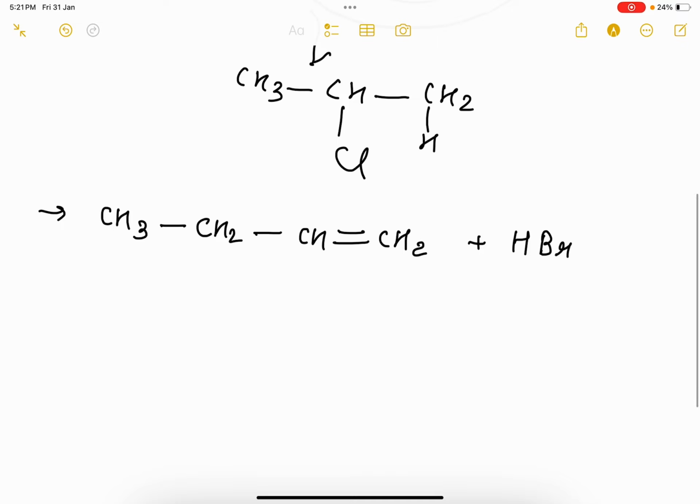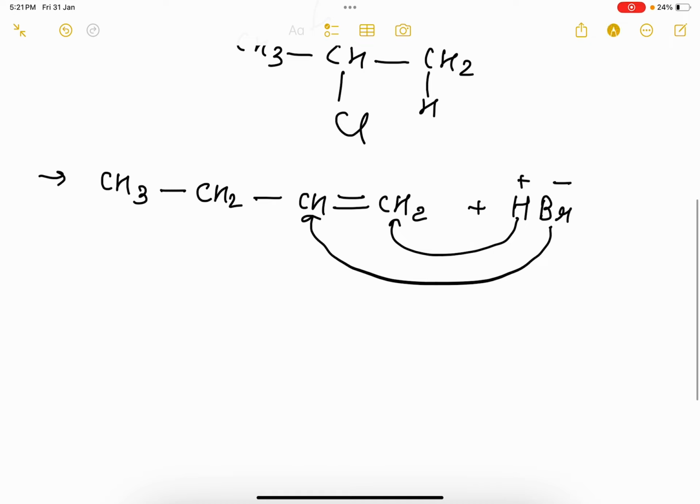HBr gives us H plus and Br minus. After that we add hydrogen to that carbon which already contains more number of hydrogen and bromine to that carbon which contains less number of hydrogen. So the final product is CH3-CH2-CHBr-CH3.